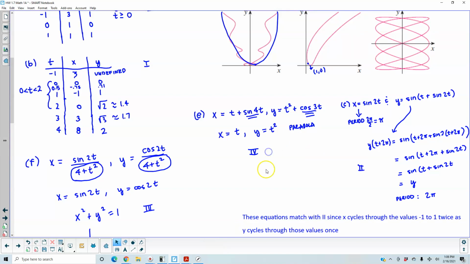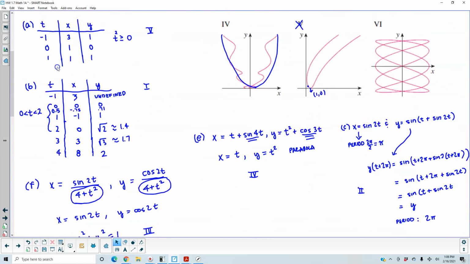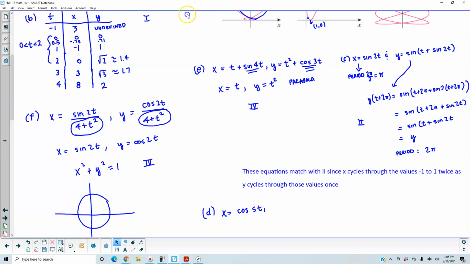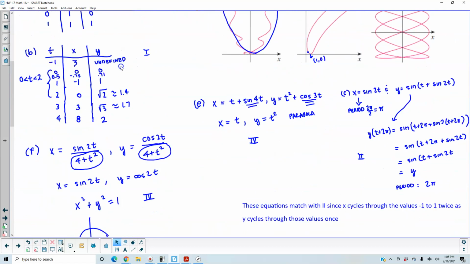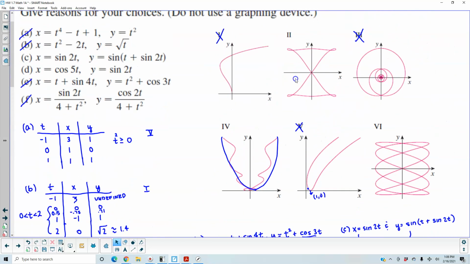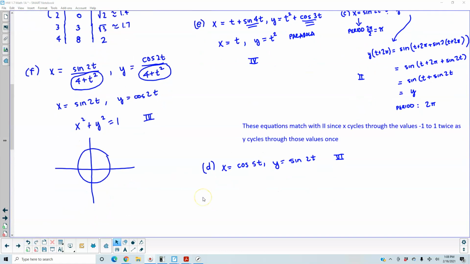And therefore we can say that D, and let's look at those equations. So we have x is equal to the cosine of 5t, and y is equal to the sine of 2t. So we know that we've eliminated the others, so we know it's going to be number 6. But let's just talk about why.